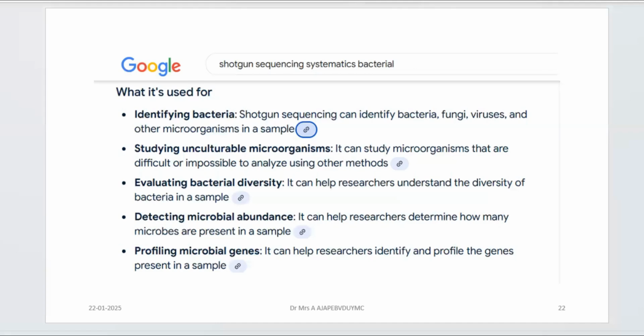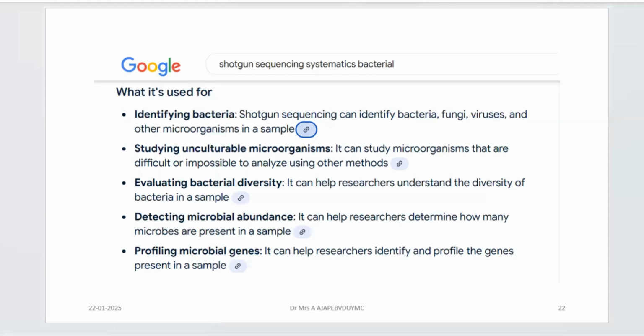So when I say marker gene, the best known example for identification of bacterial species is 16S rRNA sequencing, and the entire gene also is not sequenced. Certain conserved regions within that are sequenced, or ITS regions in 18S rRNA sequencing of fungi, for example, are scanned only. Based on the comparison of that, we see whether there is any deviation, whether the organism has 99% similarity or 95% similarity, and so on and so forth.